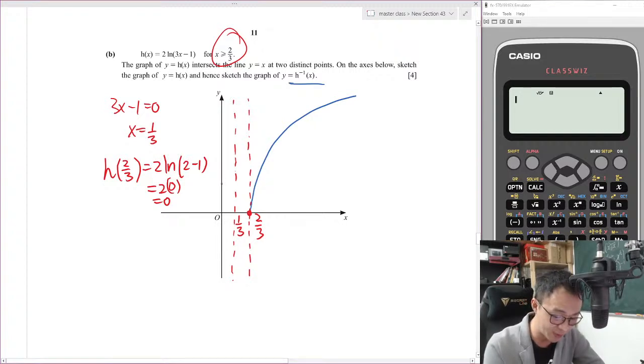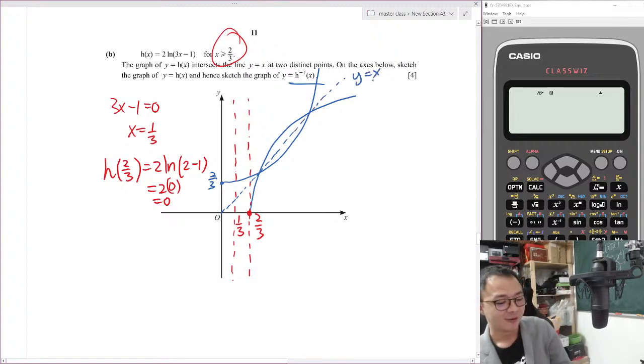So the inverse will be a reflection, starting at 2 over 3 as well. This one will be my e^x graph, so you will get something like this. And then they will do a reflection in the line y equals x.